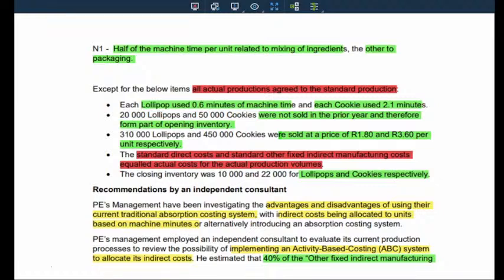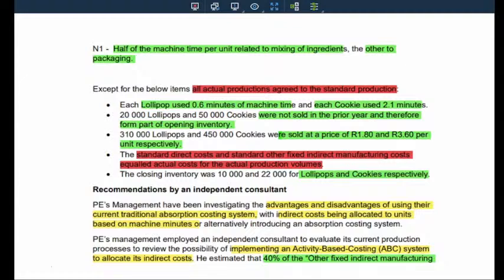What else do I need? Yeah. So identify the activities and what else? The cost drivers and what else? The cost driver rate. The rate that you will be allocating to. Okay, don't forget that.